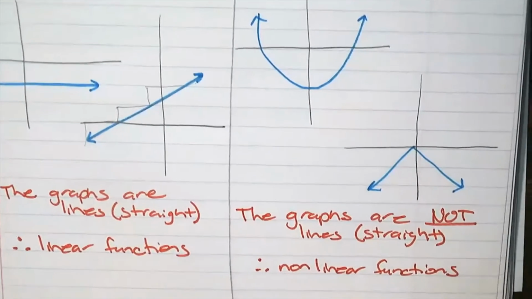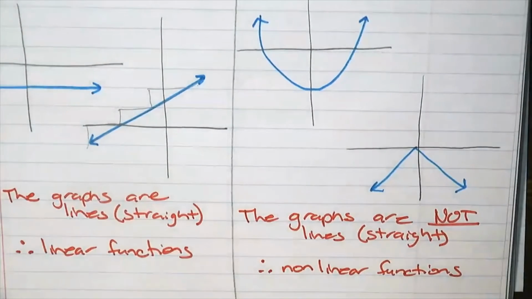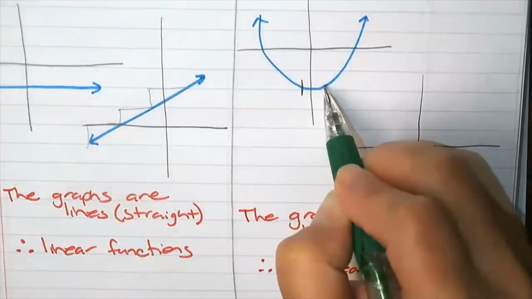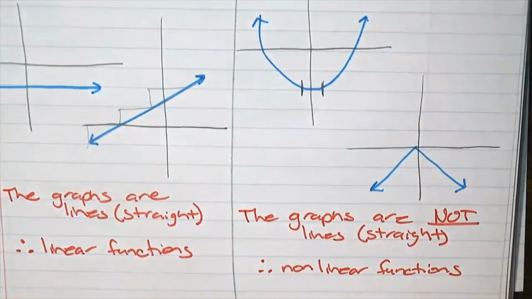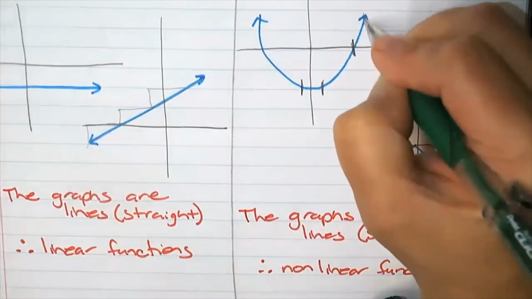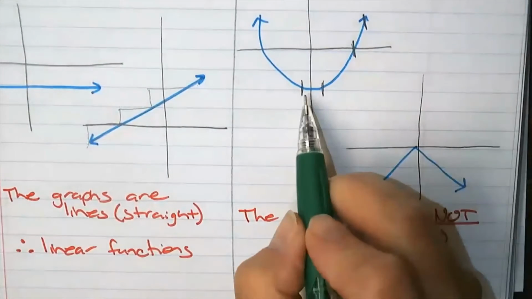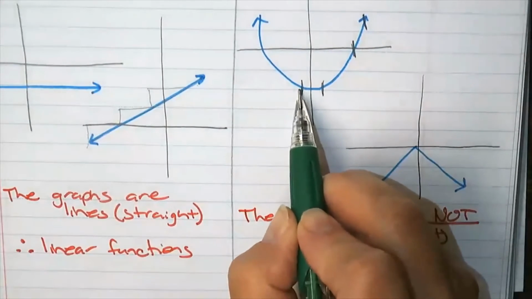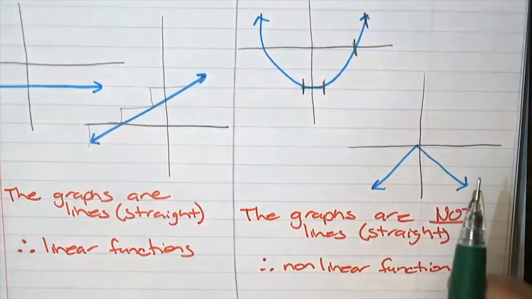And that kind of makes sense because my rate of change or my slope is not constant. My slope from here to here is much different than my slope from here to here. This is a much flatter slope.